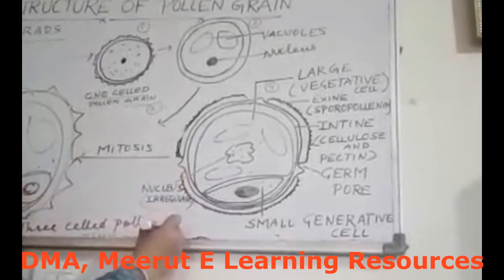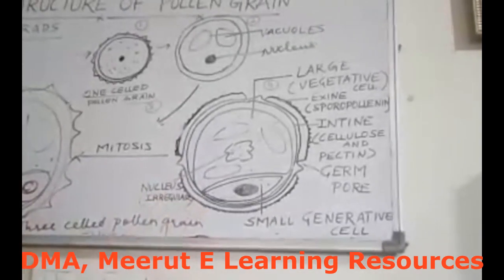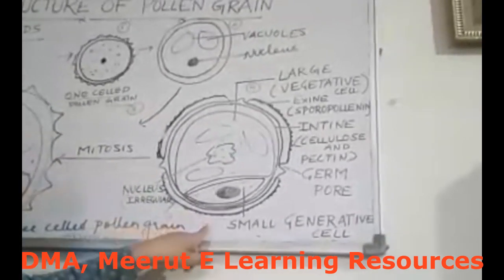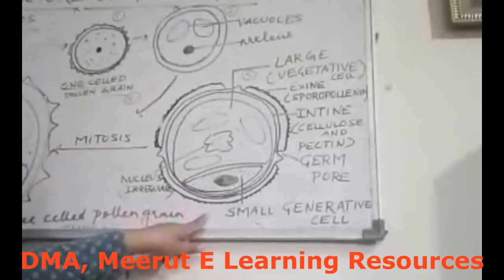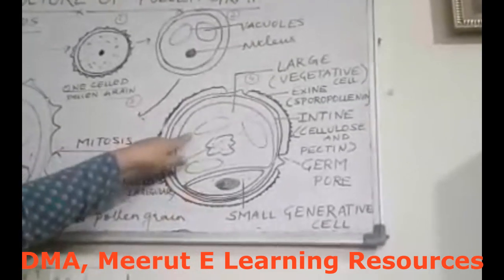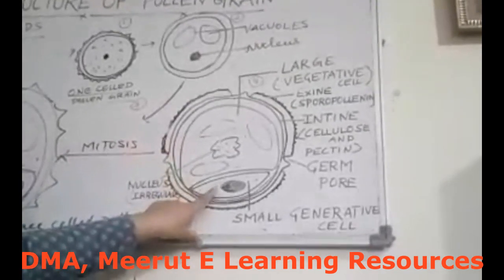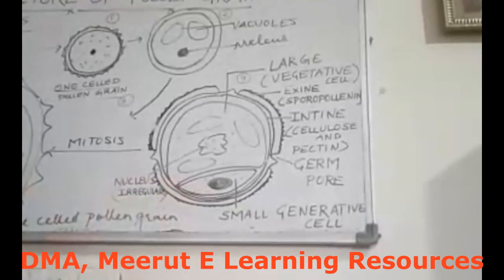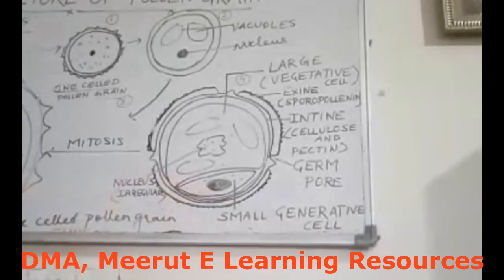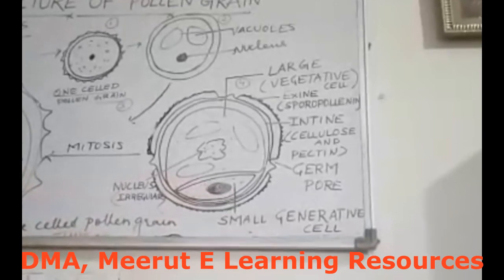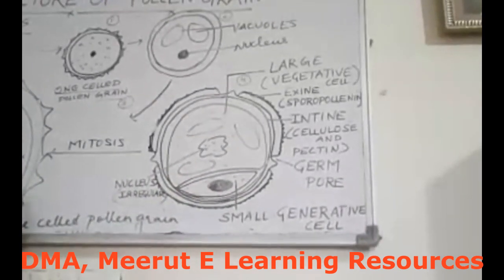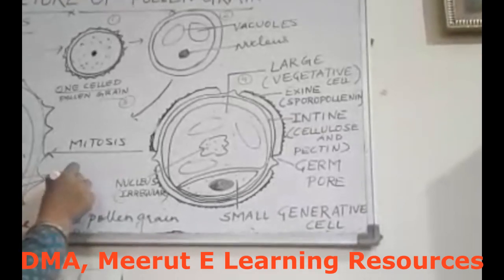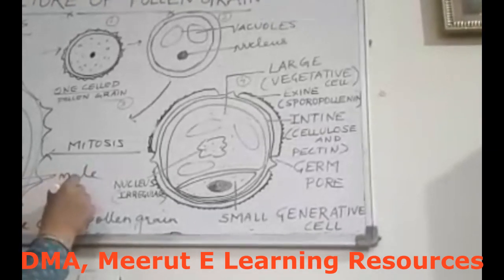Now students, in 60% of cases, pollen grains are liberated from the anther at the 2-cell stage. What are the 2-cell stage cells? One, the larger one, the vegetative cell, and another one, the generative cell. While in 40% of cases, we find that pollen grains are liberated at the 3-cell stage: 1 vegetative cell and 2 non-motile male gametes.